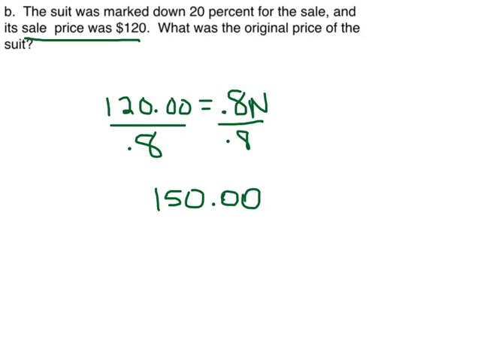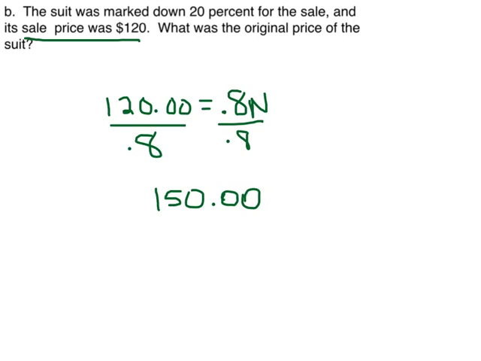So the original price was $150, and you can kind of check that. I like to do it by 10 percentages because 10% of 150 is 15, and 15 times 2 is 30. Is 120 $30 off of 150? Yes, it is.